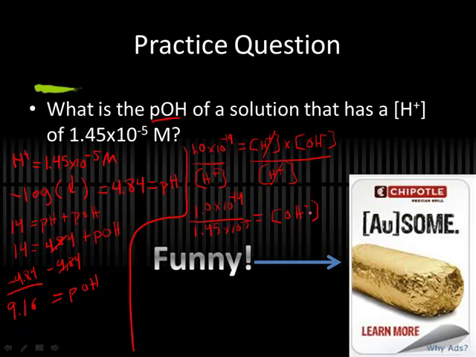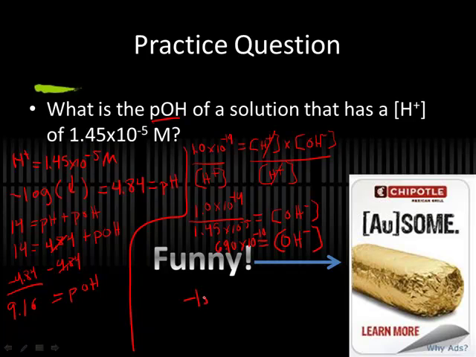That gets us 1.0 E negative 14 divided by 1.45 E negative 5 gets you 6.90 times 10 to the negative 10th equals OH minus concentration. Okay, awesome. Except the question's not asking for OH minus, it's asking for pOH.